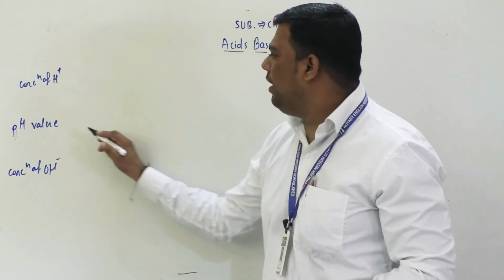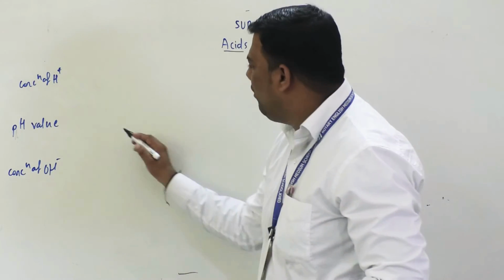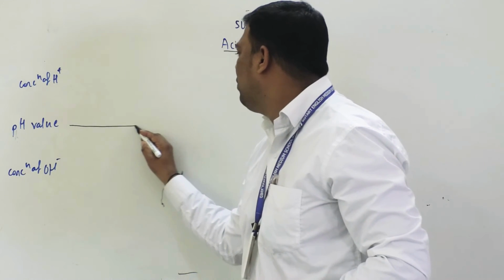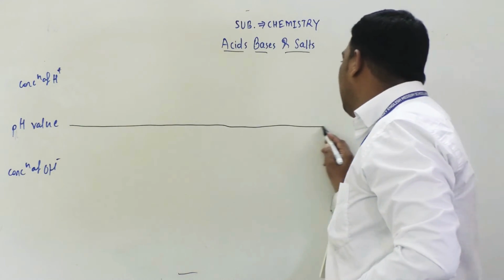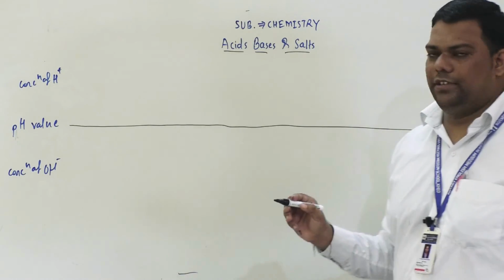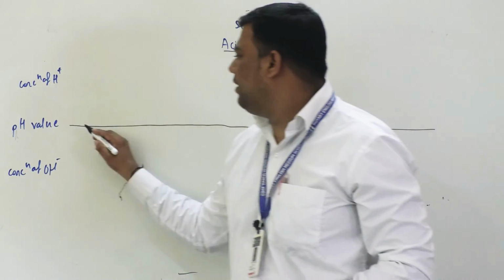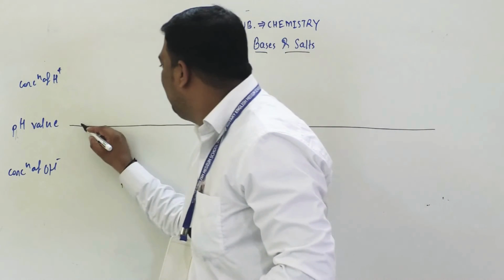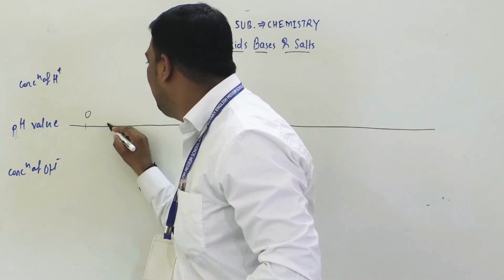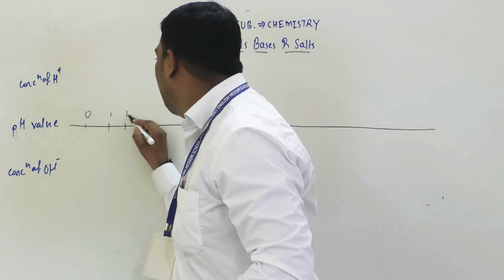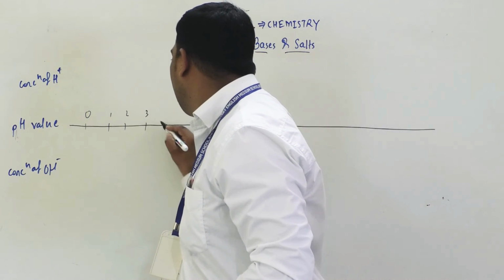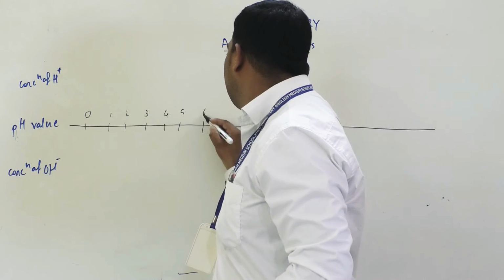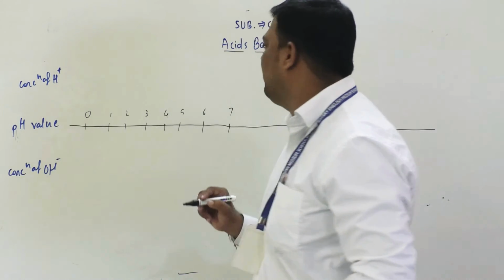So suppose we will draw here first, the pH scale from 0 to 14. So we write 0, then 1, 2, 3, 4, 5, 6, 7.